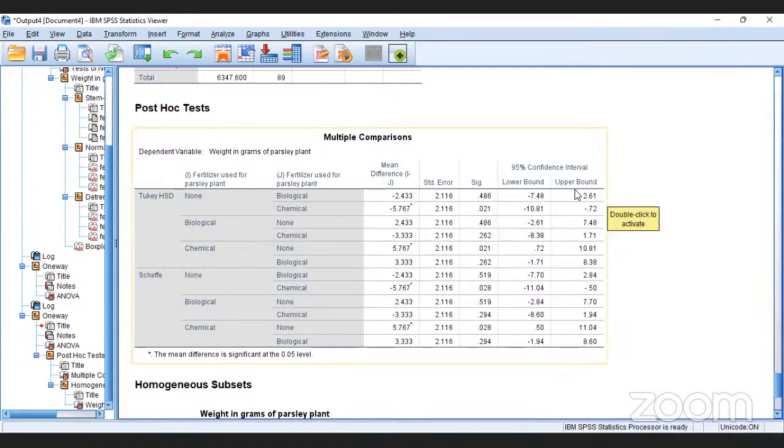And we can use the upper and lower limit principle we mentioned. Meaning that between the non-fertilizer group and the biological group, we have no significant difference. There's a difference, but it's not significant. Still, for the chemical group, what do we notice?